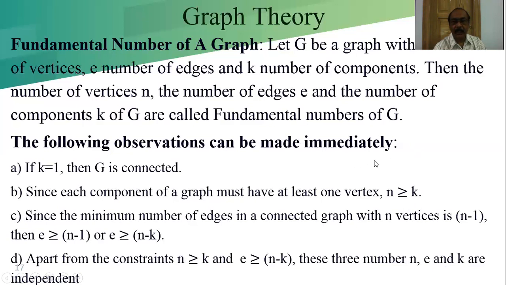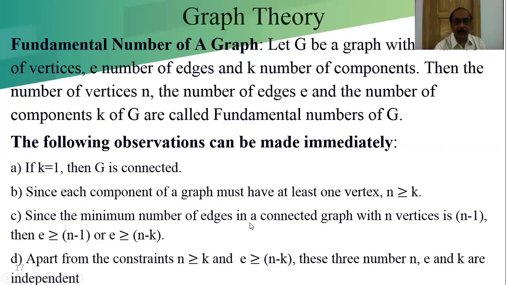The number of components k may be equal to n, but never more than that. If I have four vertices, each individually a graph, one vertex one graph, four times, how many components? Four components. Each and every component has only one vertex. That's why we say n is greater than or equal to k.